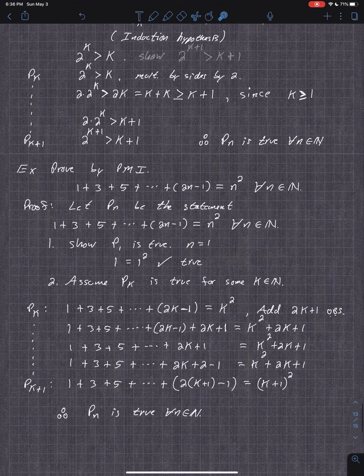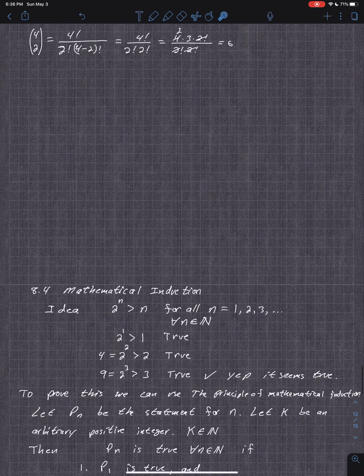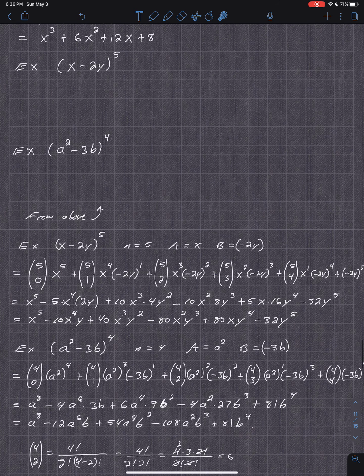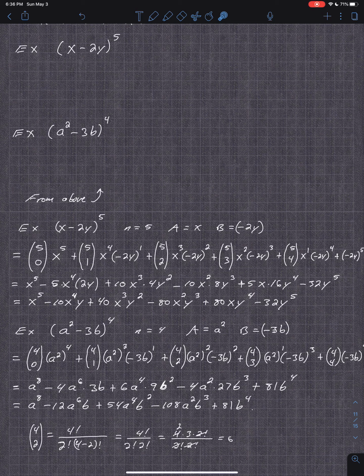Also, I almost forgot, this will be in the notes as well. Here are the expansions of the ones we left off on for the binomial. There's the binomial expansion to the 5th. This is how it expands. And then here's to the 4th. This is how it expands. So you can pause that and take a look.